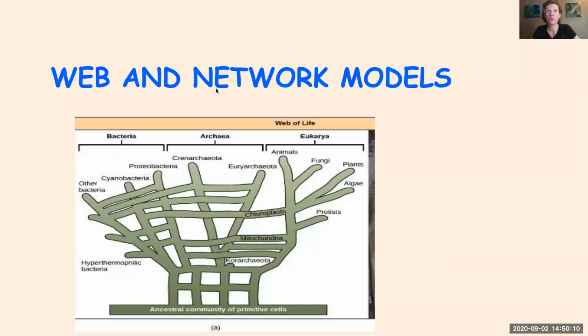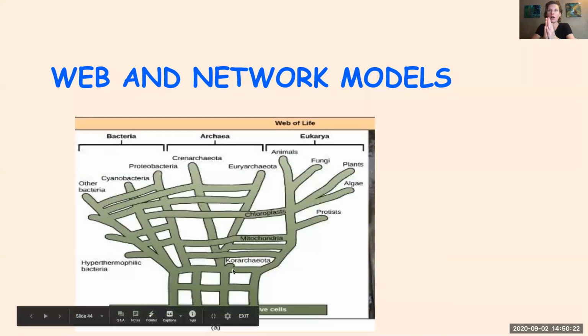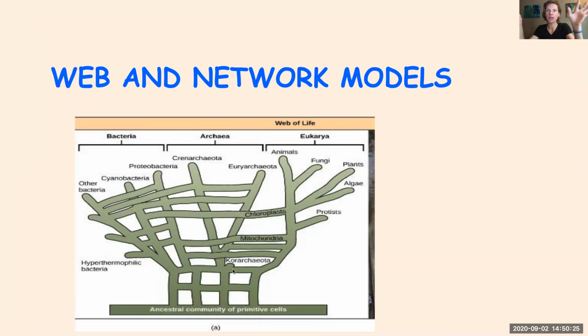And one of them is this web and network type of view where you have transfer of genes from very divergent species and lineages over time. And so it's not like a clear branch. So you have evolution and then you've got this horizontal gene transfer that's occurring. An example shown here, right? The chloroplast that is in cyanobacteria.